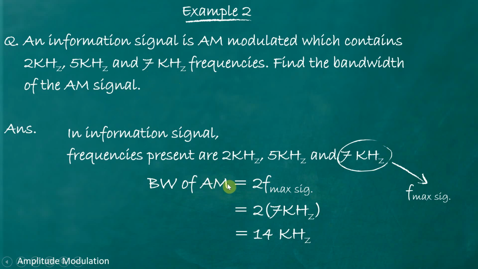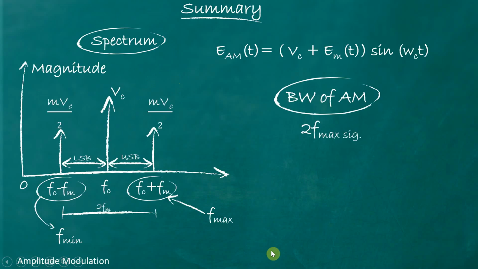So the bandwidth of the AM signal would be 2 times f max. So maximum frequency 7, so 7 into 2, 14 kilohertz, right? So in the summary slide you can find the bandwidth of an amplitude modulated signal by 2 times f max of the signal.